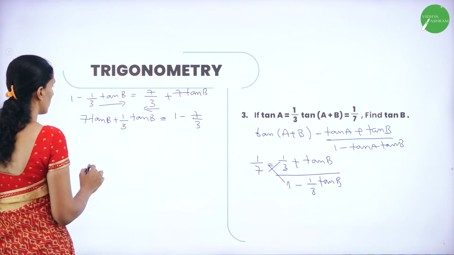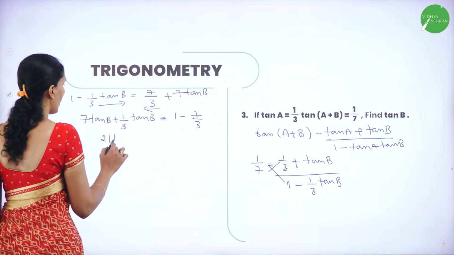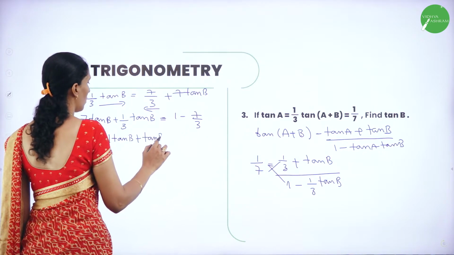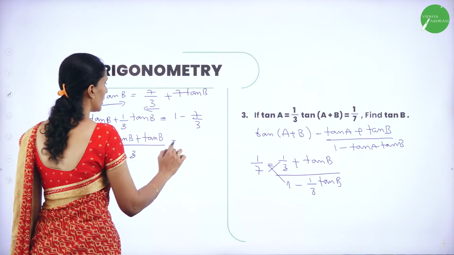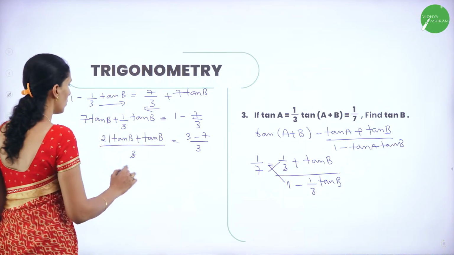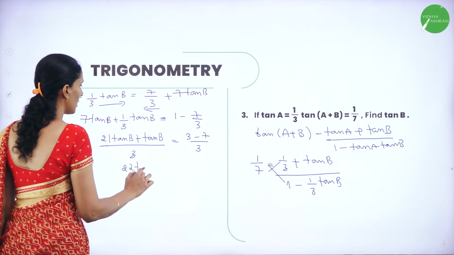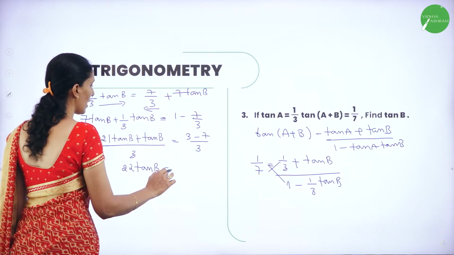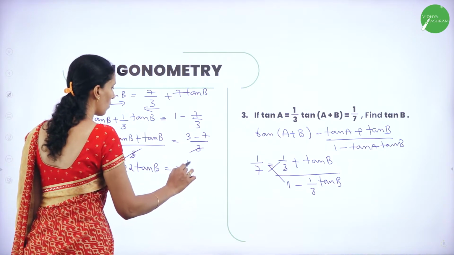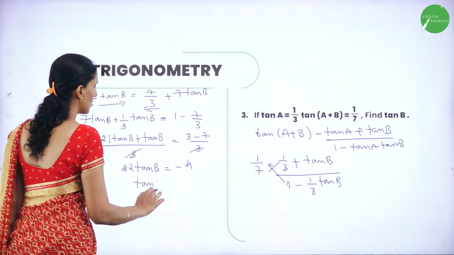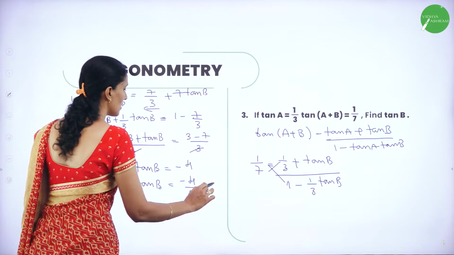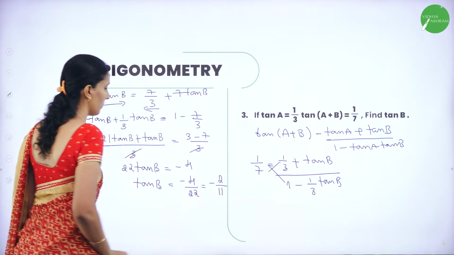So now it is (21 tan b plus tan b) whole divided by 3, and here it is (3 minus 7) by 3. So 22 tan b, you can cancel 3 on both sides, which is equal to minus 4, or tan b is equal to minus 4 by 22. When you cancel it, it is minus 2 by 11.